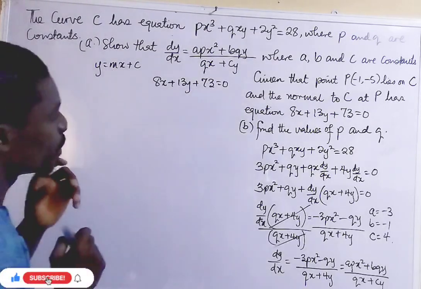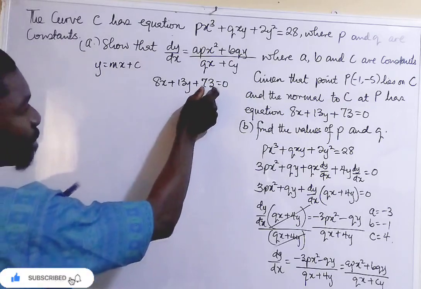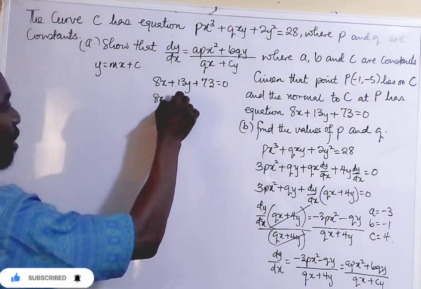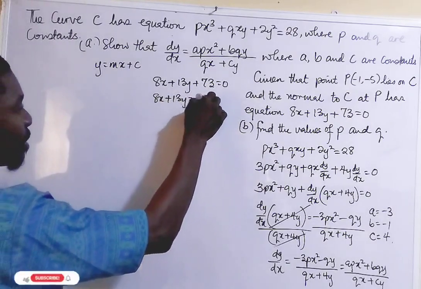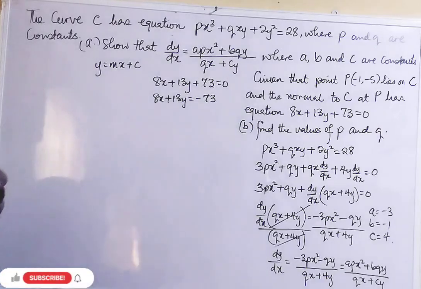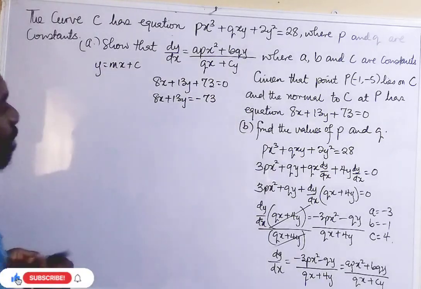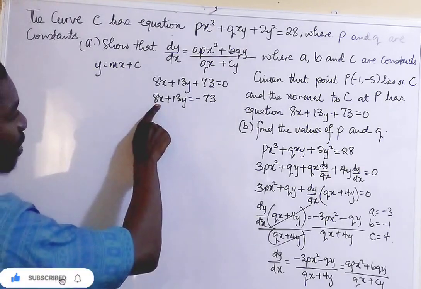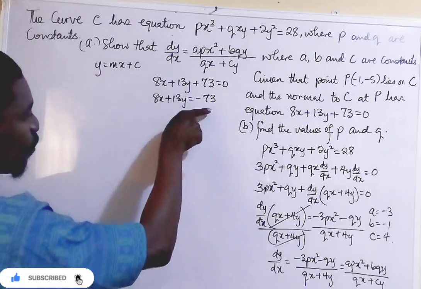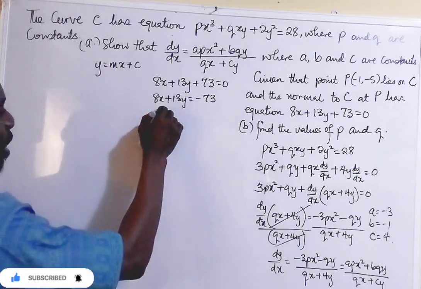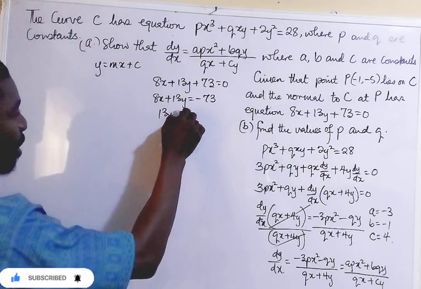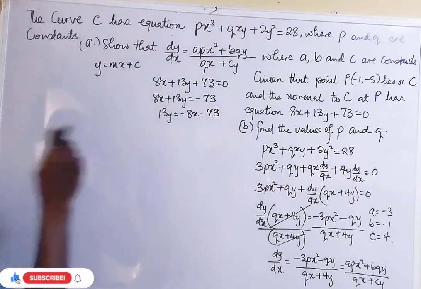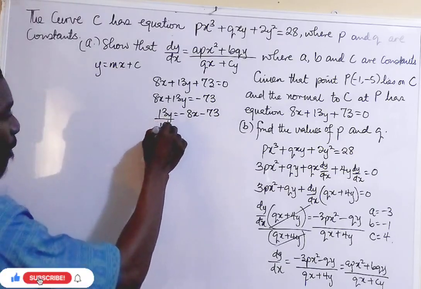So let us take 73 over to the right hand side. We are left with 8x plus 13y equals negative 73. Then taking 8x also over to the right hand side, we are left with 13y equals negative 8x minus 73. Now divide both sides by 13.